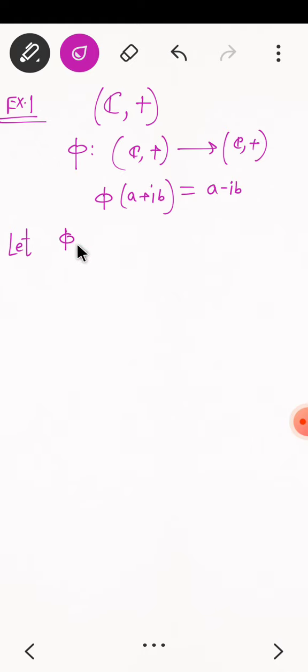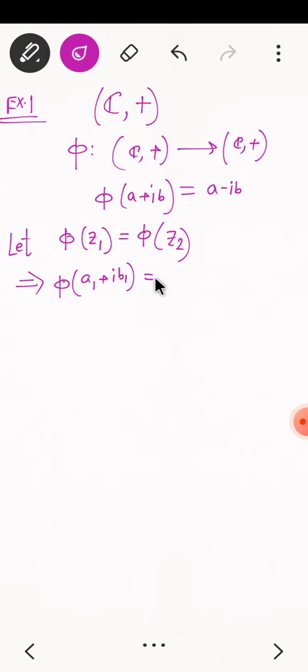So first we check the one-one property. Let phi of z1 equal phi of z2, where z1 equals a1 plus ib1 and z2 equals a2 plus ib2.